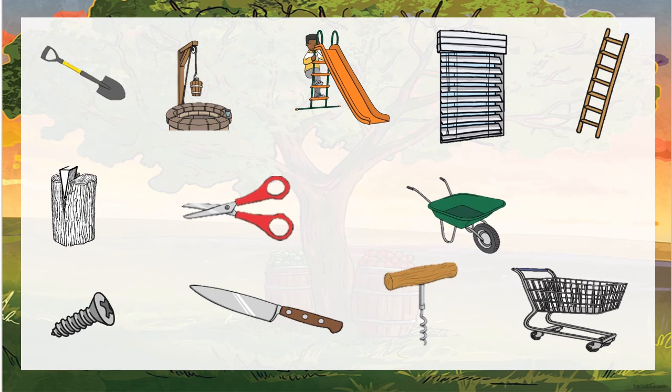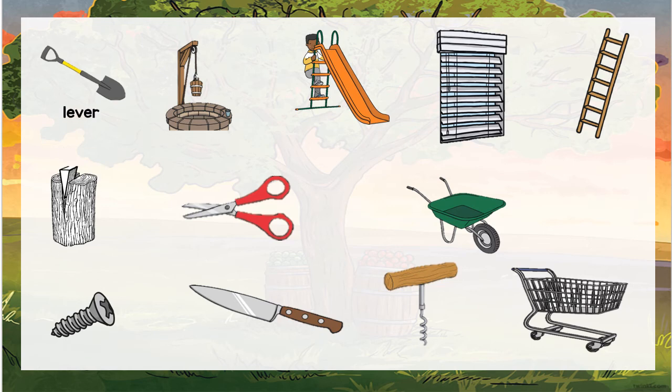Now, let's see if we can identify some simple machines. Take a minute, pause the video, and see if you can name these simple machines. All right, let's look at the first one. This is a shovel. What type of simple machine would that be?